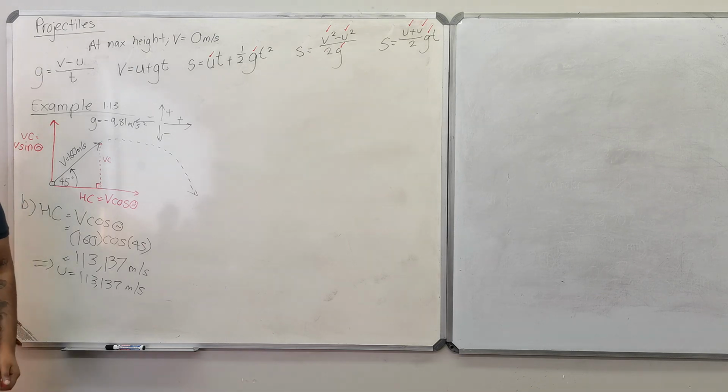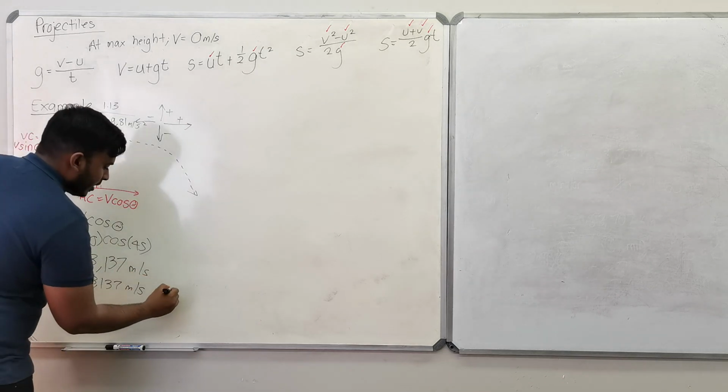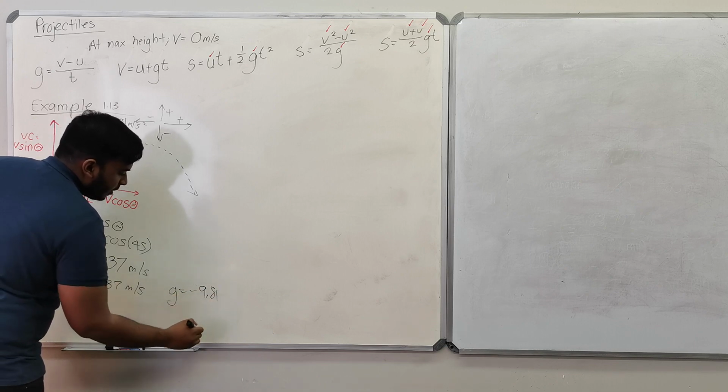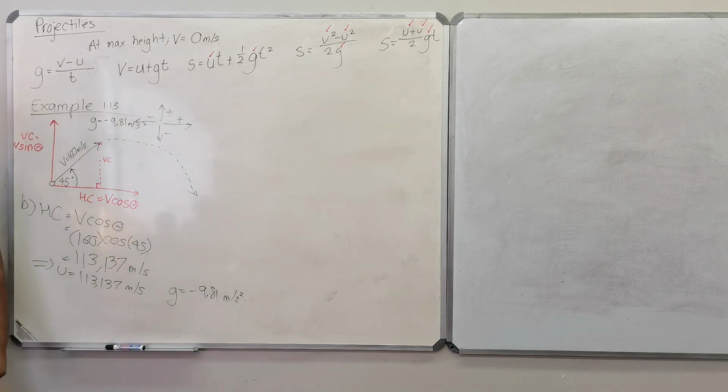We know gravity. Gravity will be equal to what? Minus 9.81 meters per second squared. What else do we know?